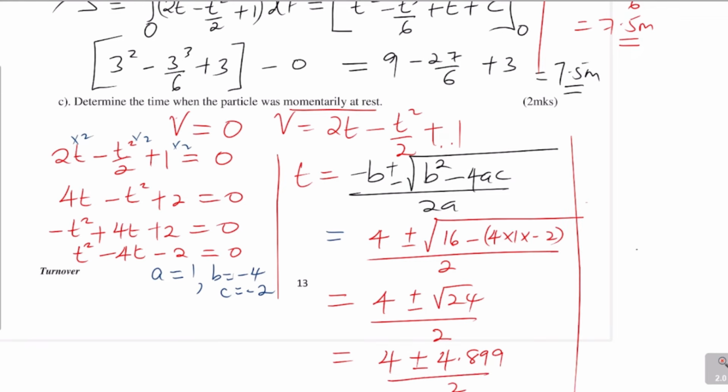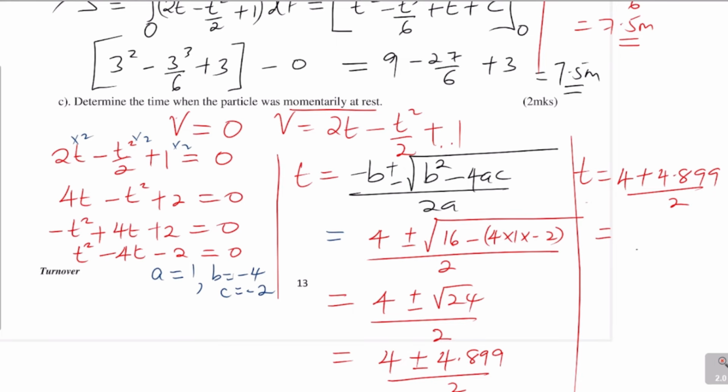So at this stage, you can only consider the one that will give us a positive time. You consider the positive only when you're getting time. Time is a scalar, so you ignore the negative time. So the one that will give us positive time will be 4 plus 4.899, then you divide by 2. When you use 4 subtract 4.899, that will give us negative, so that will not go very well with time.